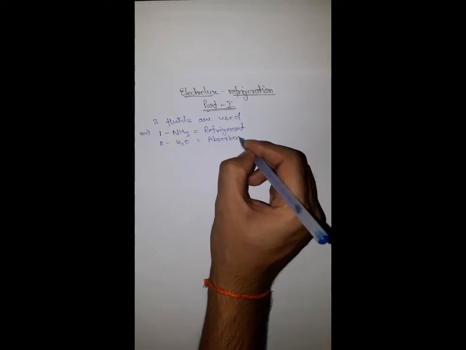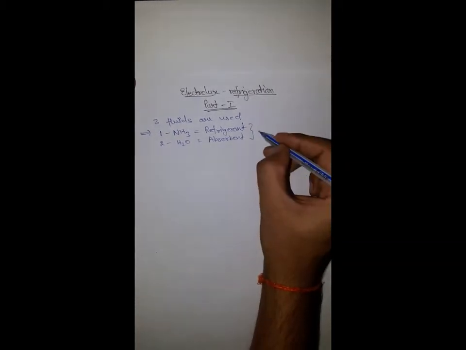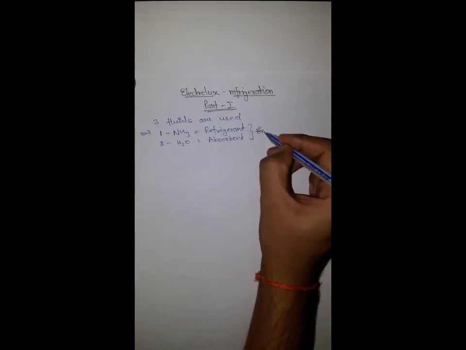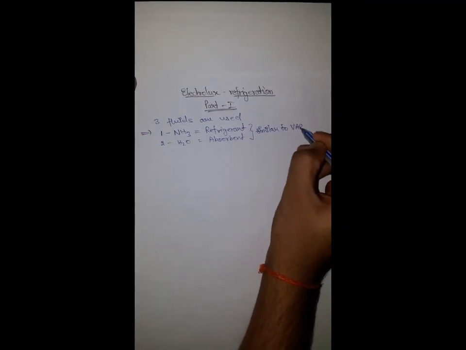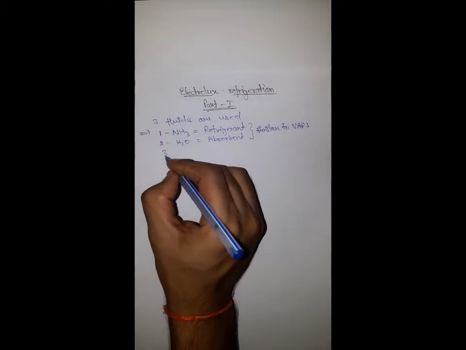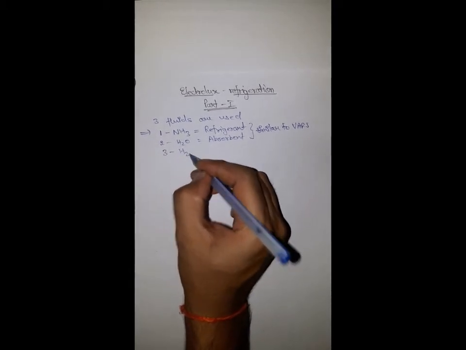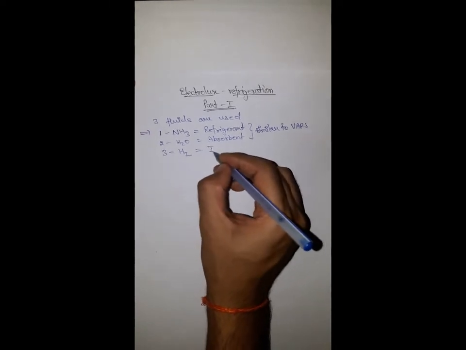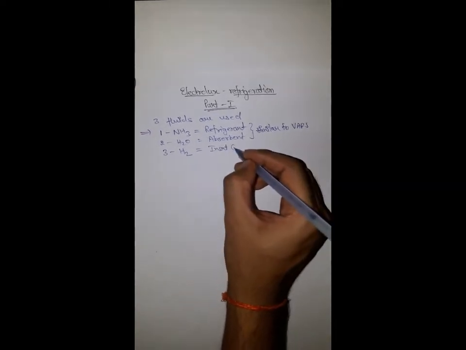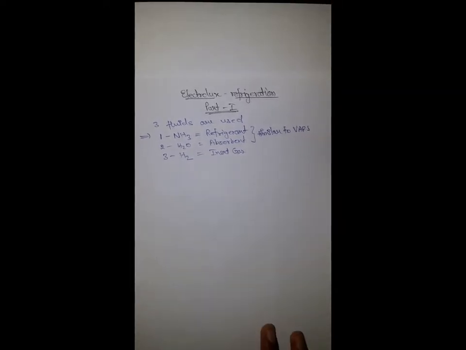These two are similar to VARS. But the third thing that is added here is H2, that is hydrogen. It is used as an inert gas here. What its main purpose is, we will discuss.